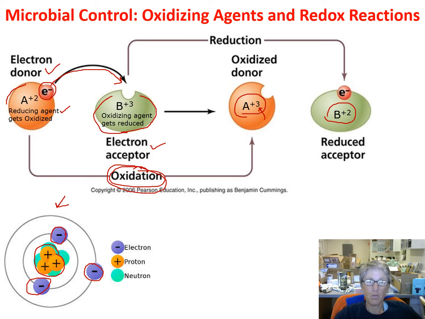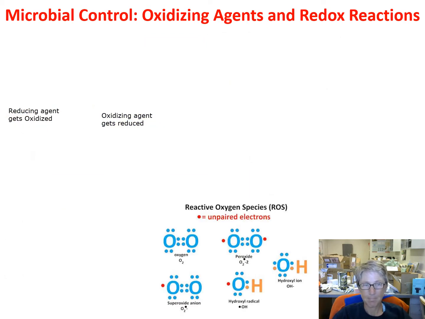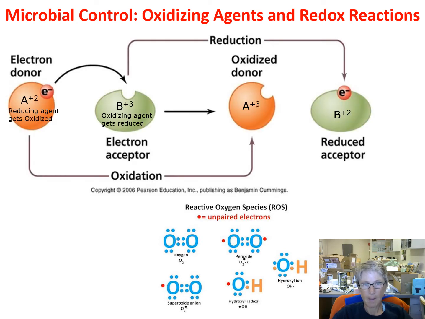This is a little confusing, but it's weird that this green molecule got something, but then when it got something, it got reduced. That feels weird, but that something that it got was this negative electron charge. So the +3 charge was reduced to a +2 charge because it took on a negative charge. And so this guy that got the electron got reduced and became the reduced acceptor. Okay.